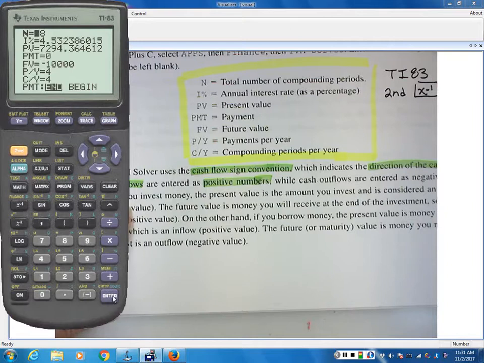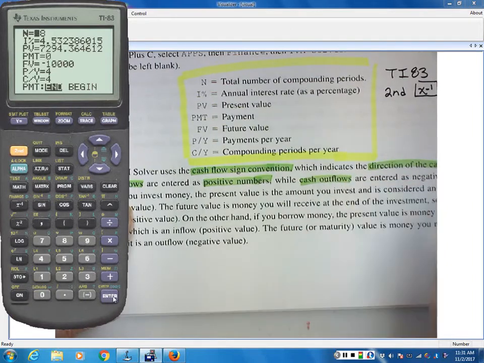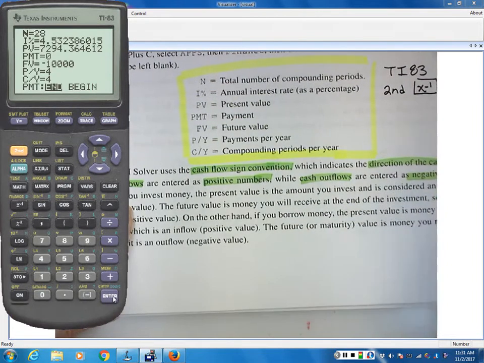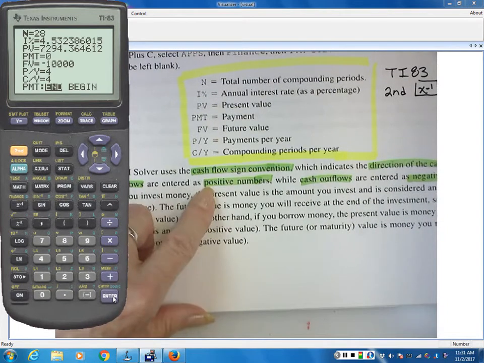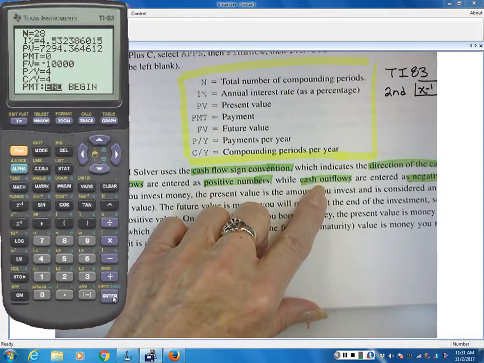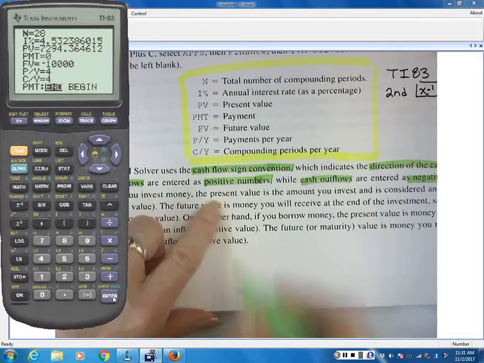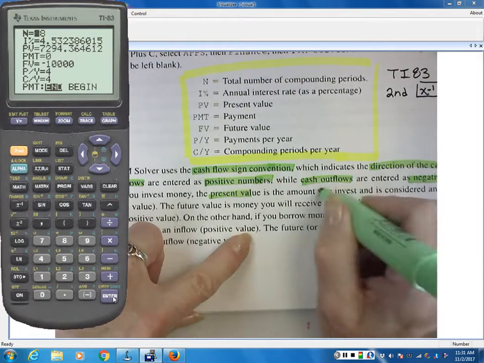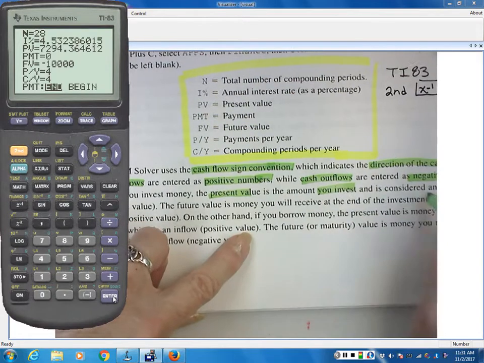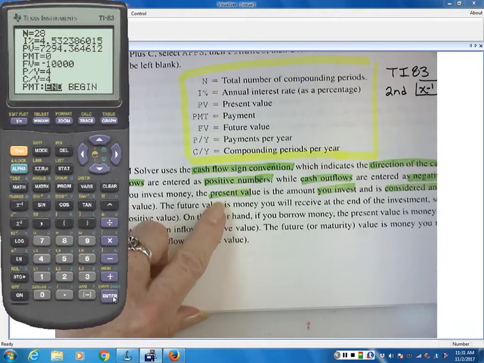Cash outflows are entered as negative numbers. So if you're putting money in, you're actually doing a cash outflow. So if you invest money, the present value is the amount you invest, and it is considered an outflow. So your present value will be put in as a negative, because it is money you deposit.